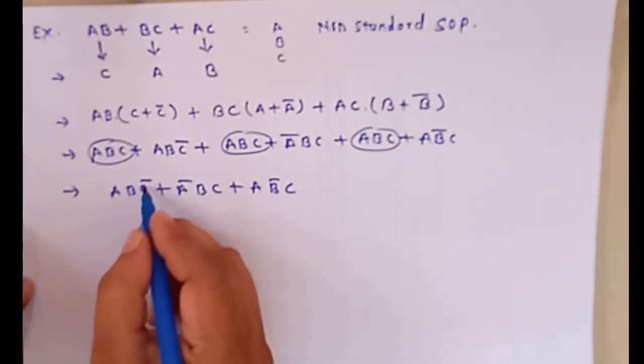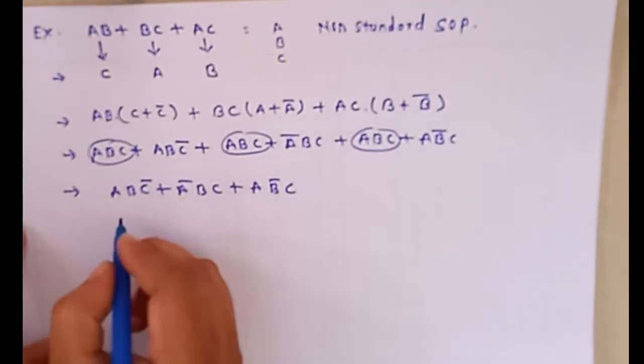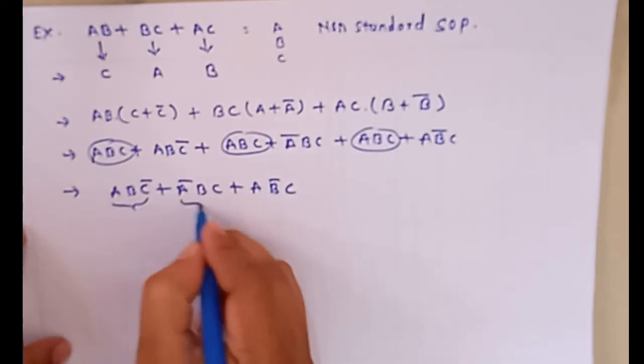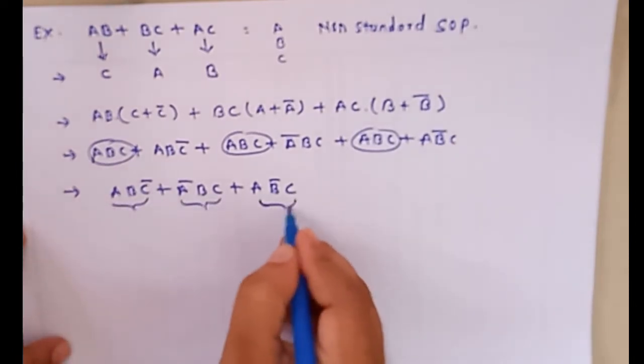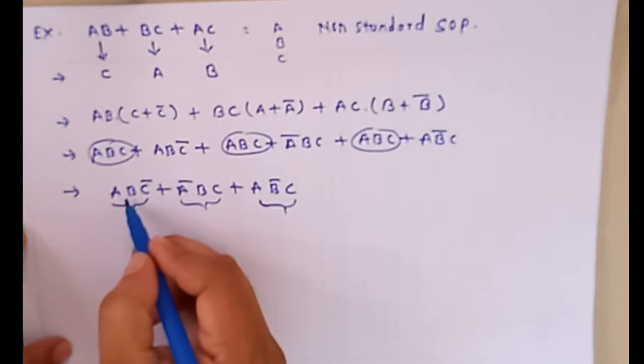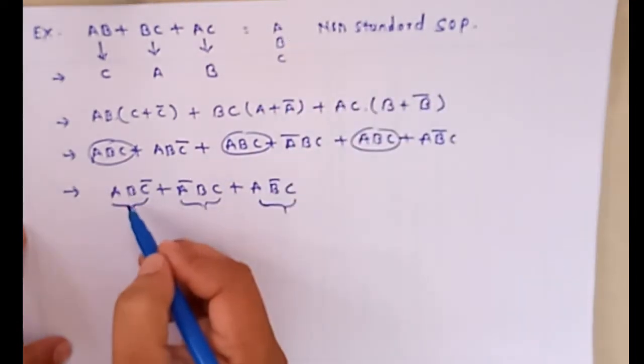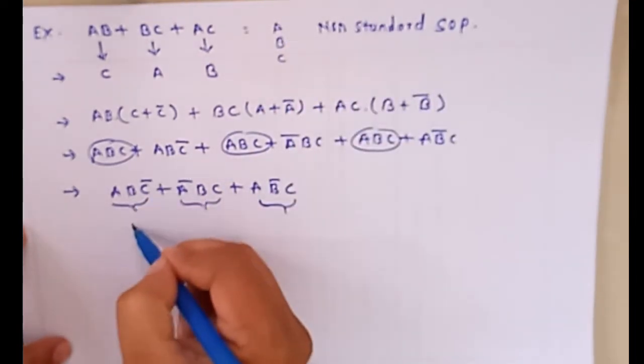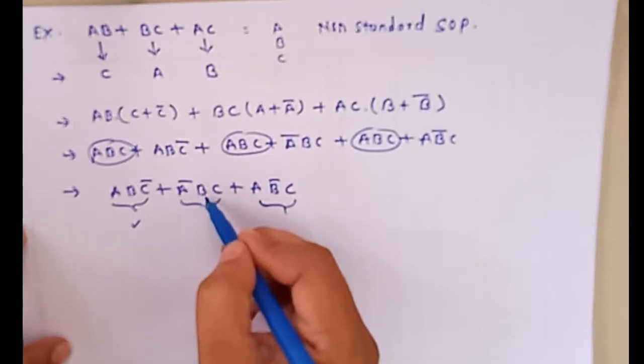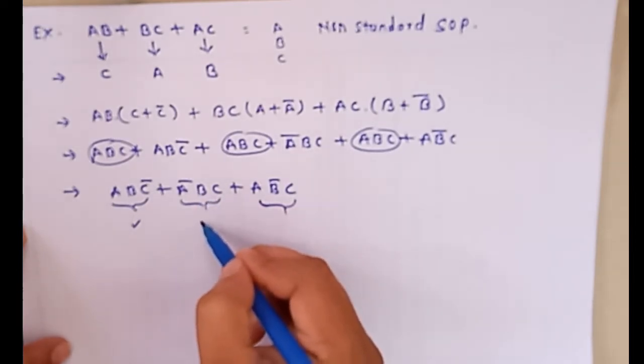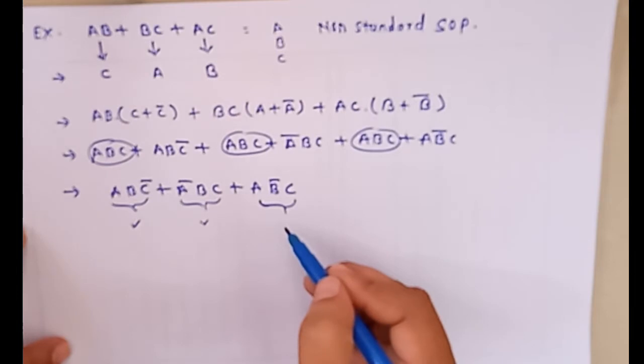Now if you look towards this equation, here we have three product terms, and in three product terms we have all the literals A, B, C. All three literals are present, so this is valid product term. In this second term also all literals are present, so this is also valid product term.